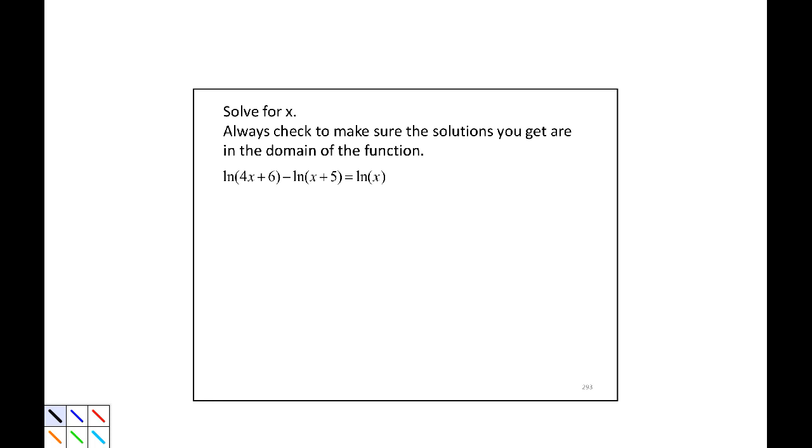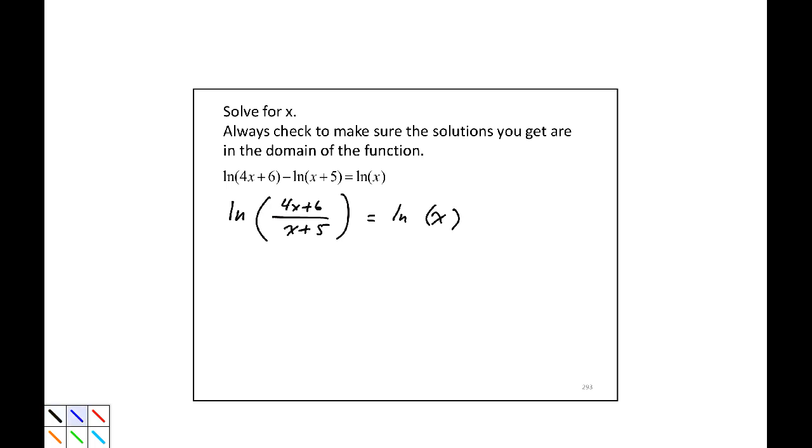We can use our quotient rule now because we have a difference, a subtraction of two logs. So this would be natural log of the quantity, a fraction with numerator 4x plus 6 and denominator x plus 5. This equals natural log of x.